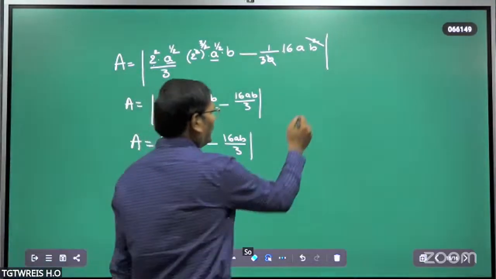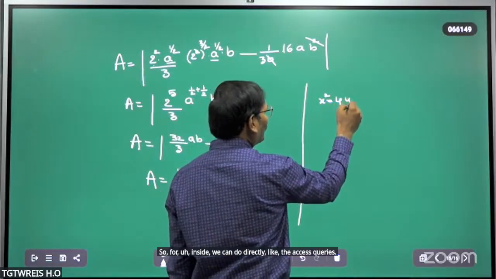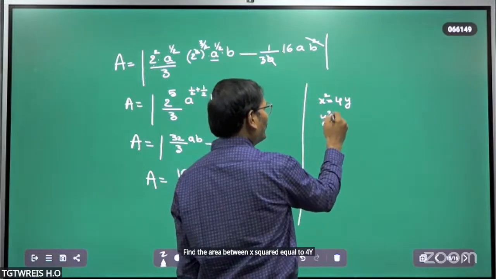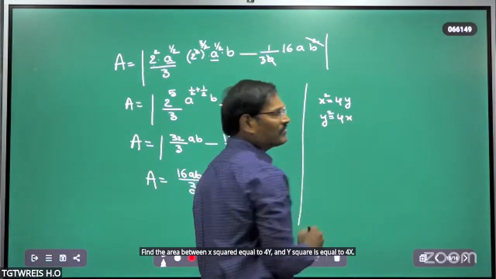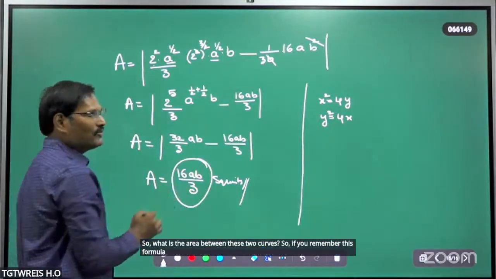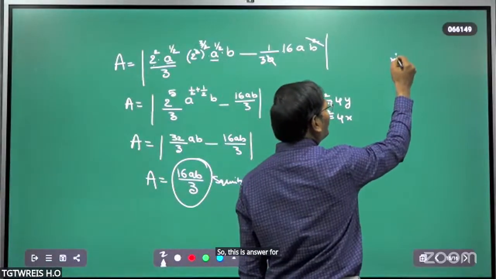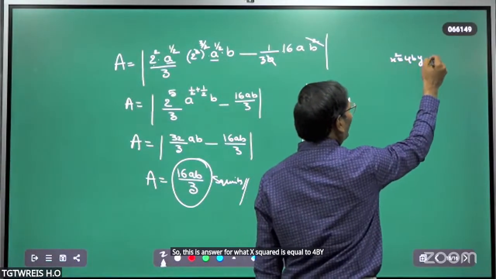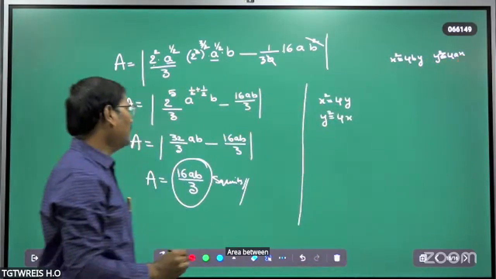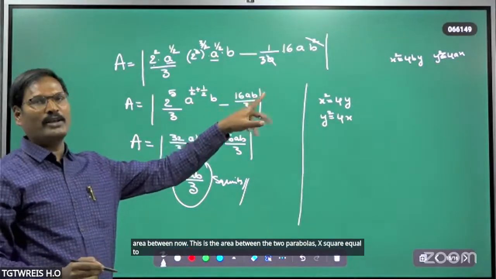So for MCET, we can do directly like this. Suppose the question is find the area between x square equal to 4y and y square is equal to 4x. So what is the area between these two curves? If you remember this formula, it is very easy. This is the area between the two parabolas x square equal to 4by and y square equal to 4ax.